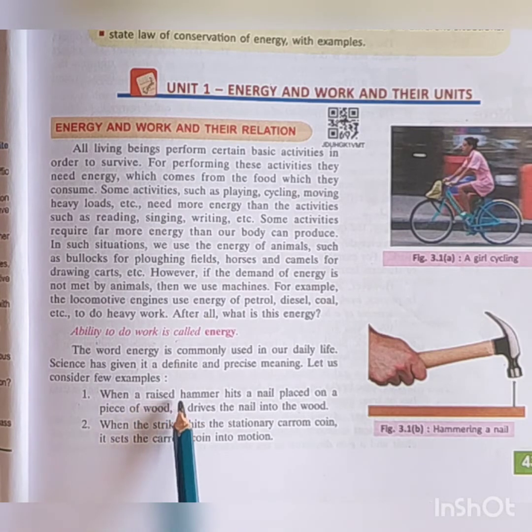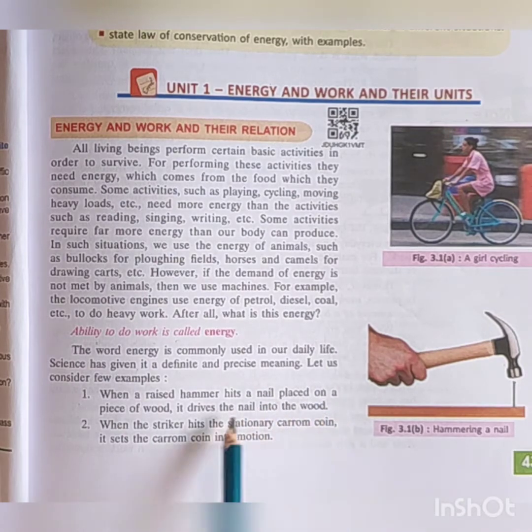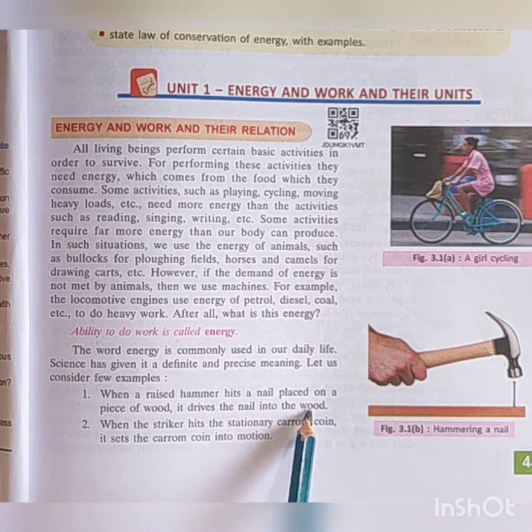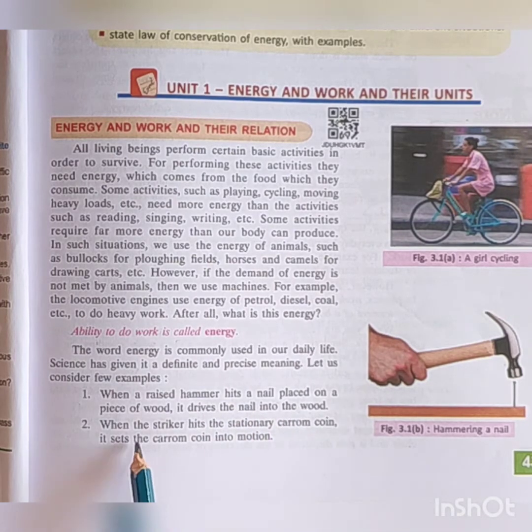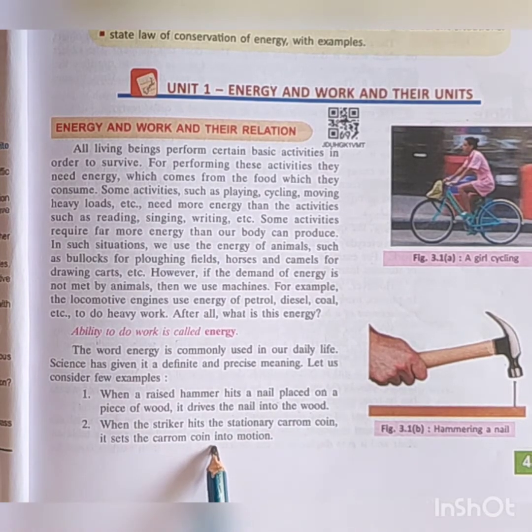When a raised hammer hits a nail placed on a piece of wood, it drives the nail into the wood. Next, when the striker hits the stationary carom coin, it sets the carom coin into motion.